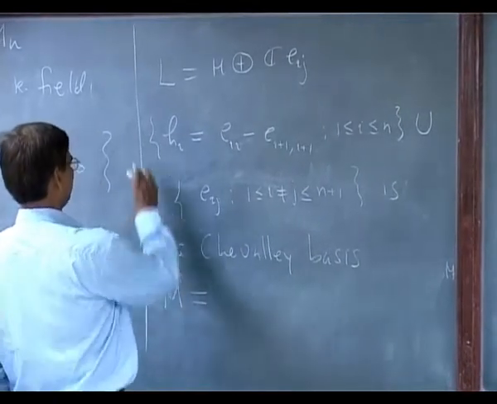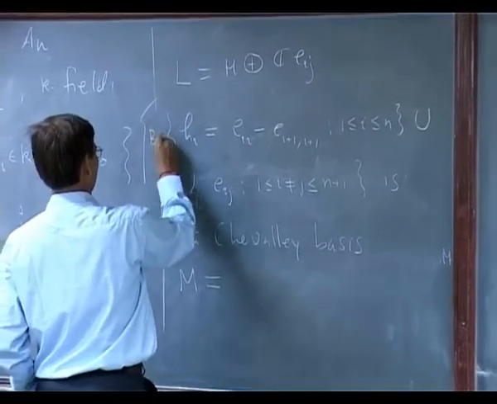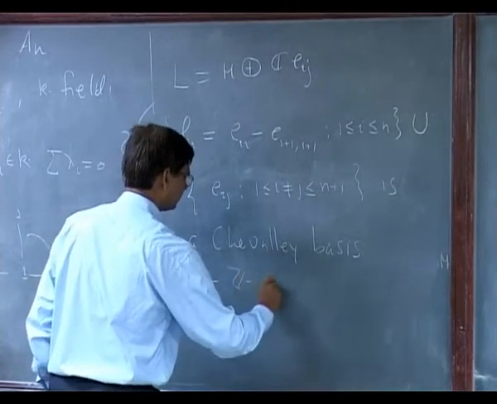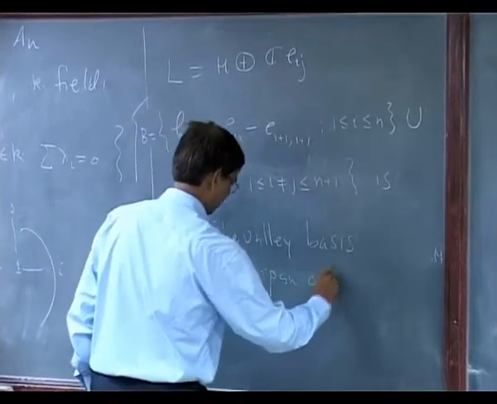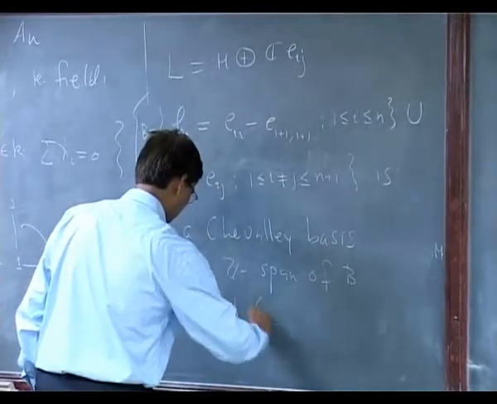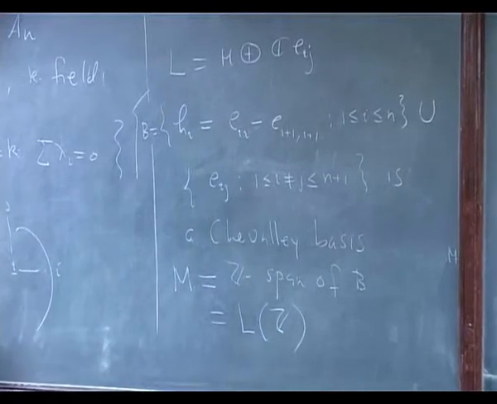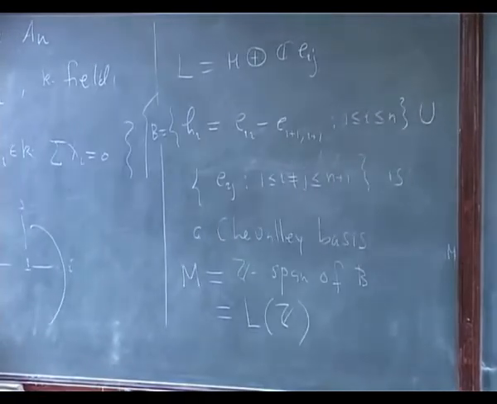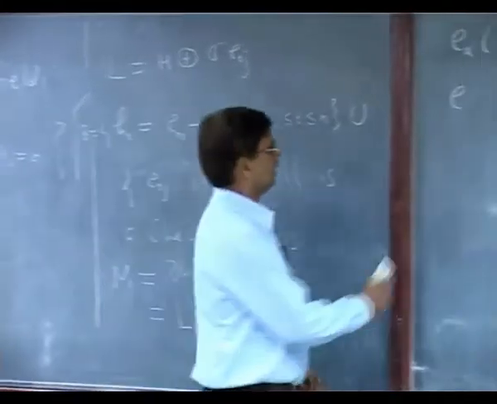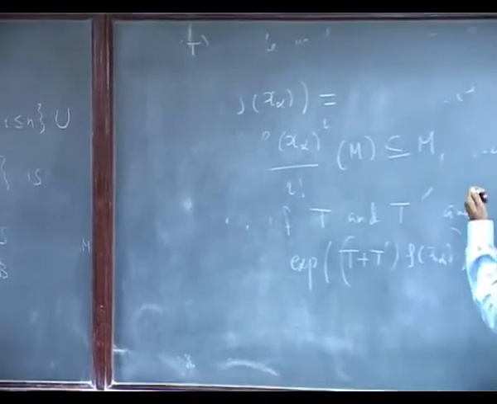Call this basis B. So M is the Z span of B, which we have written as L Z, the span of the Chevalley basis, to which we have given a certain name. Suppose our representation is the adjoint representation.